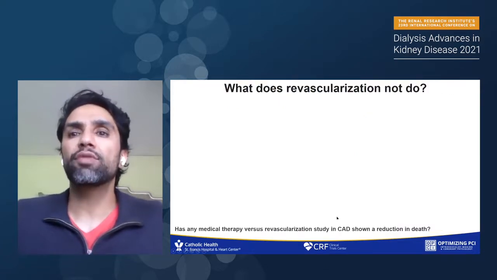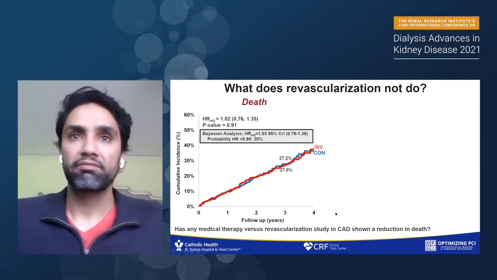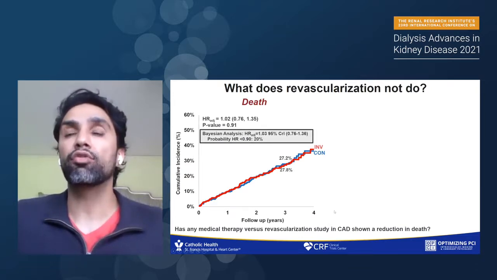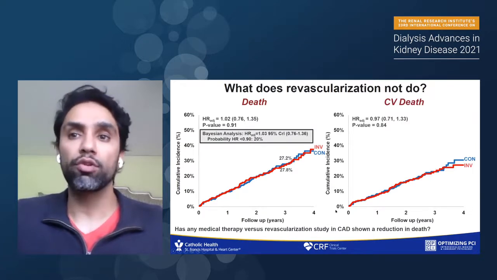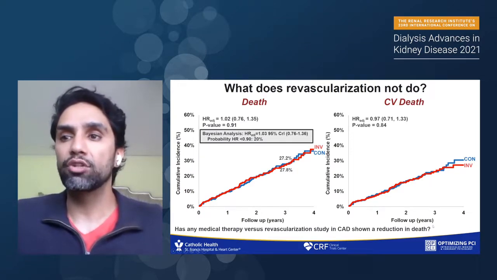So what does revascularization not do? We know that it doesn't reduce death in any study to date, right? Stents or revascularization in the chronic coronary syndrome patient population have never been shown to reduce death, and they don't reduce cardiovascular death. Has any medical therapy versus revascularization study in stable CAD shown a reduction in death?